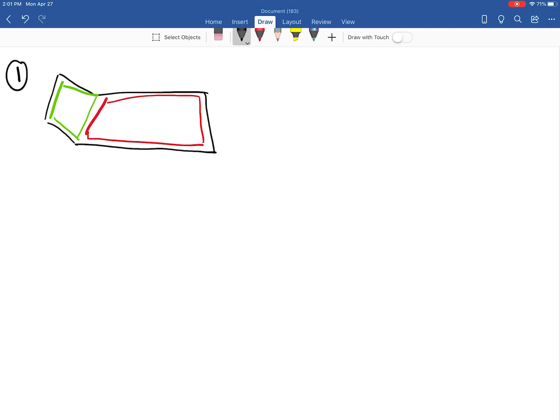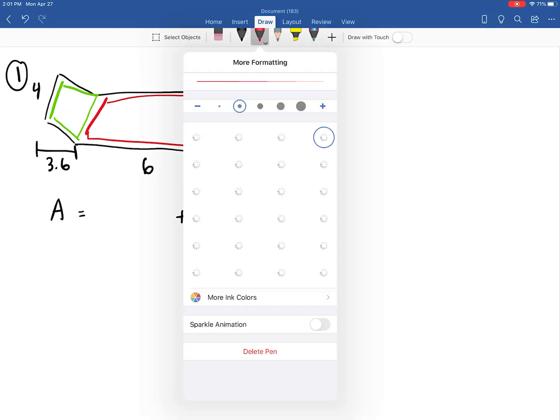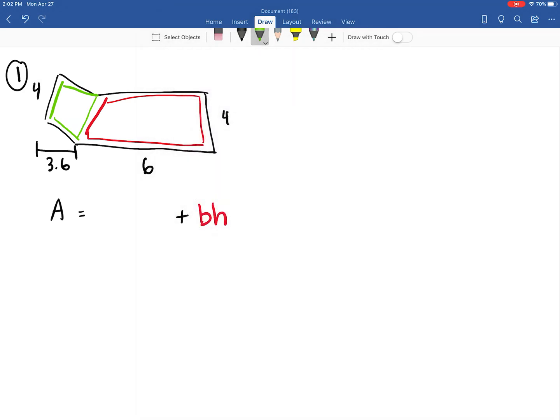If I look at the measurements, I see this is 6 and 4, and here we have 4, and they tell me the height is 3.6. So if I needed the area formula for these parallelograms, well, there's 2 of them. I will need the base and the height for the red, as well as the base and the height for the green. So you'll plug in the information for each of those, and then you'll solve.